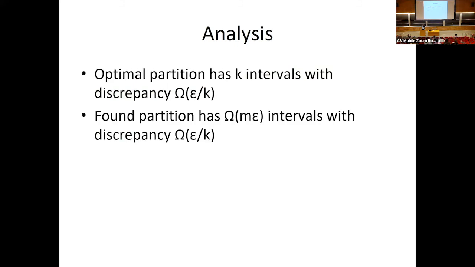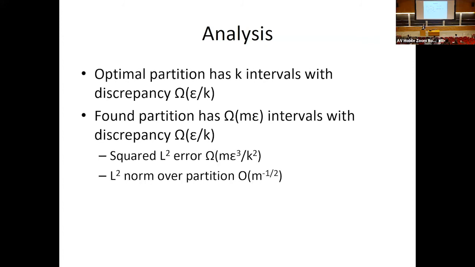So we expect that the partition that we find will have M epsilon intervals, each capturing a discrepancy of epsilon over K. And in particular, that means that the squared L2 error between P and Q over this partition that we found should be something like M epsilon cubed over K squared. And the L2 norm over this partition, it's not hard to show, should be about 1 in root m. Because if you do this random partition, each of the bins should be about the same probability mass.